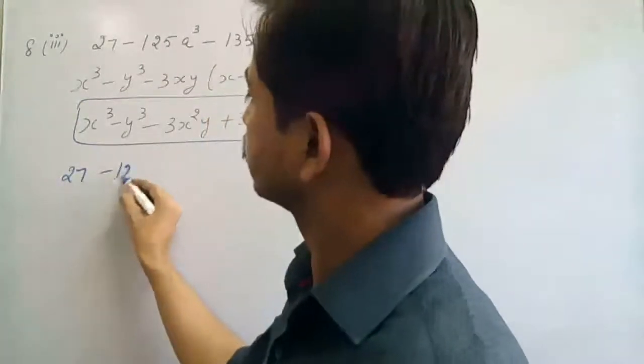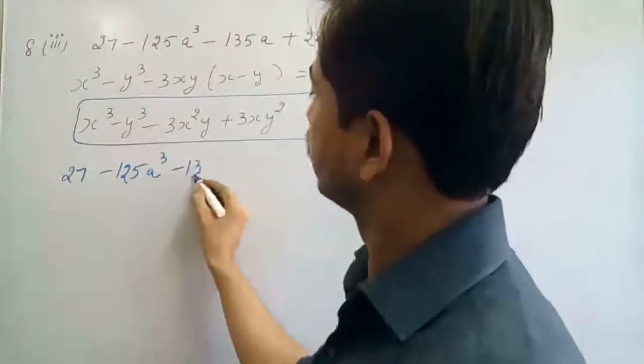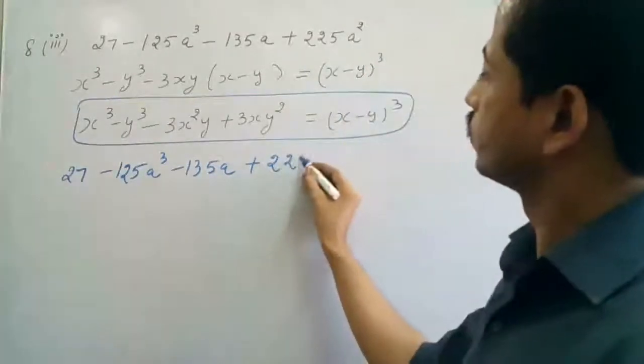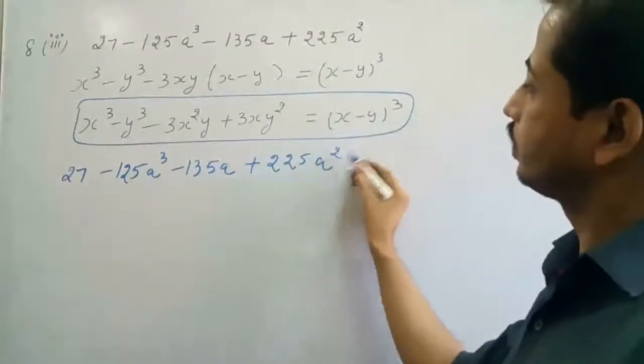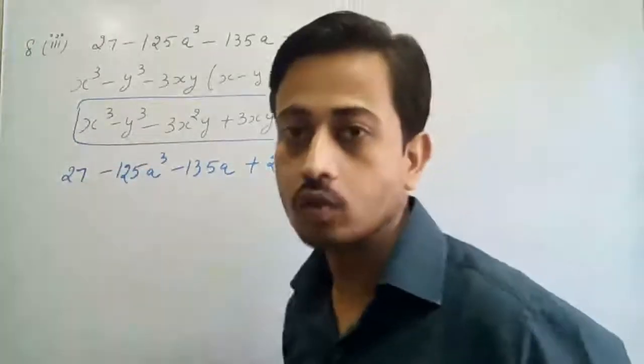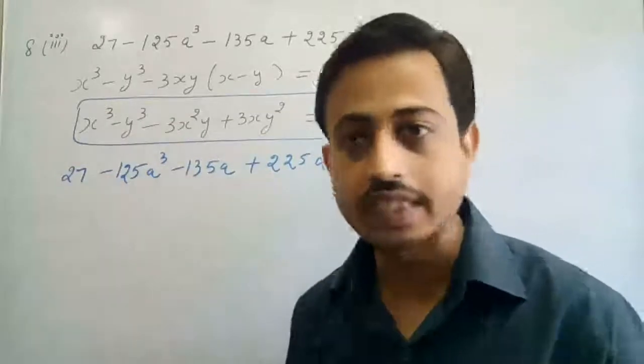27 minus 125 a cube minus 135 into a plus 225 into a square. Now write the first term as a whole cube, and 27 is the whole cube of 3.